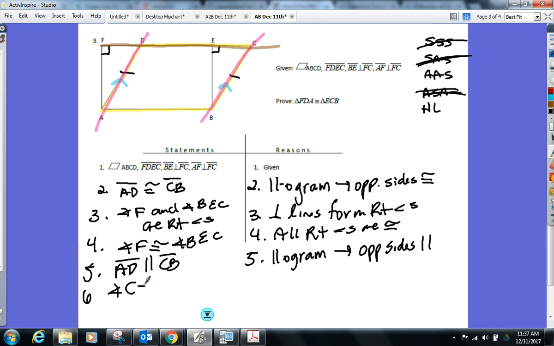Angle C congruent to angle ADF. Parallel lines imply corresponding angles congruent. And then that should give you, however you got C and ADF congruent, a third pair now. And then what's my reason going to be? HL or angle, angle, side? Okay, that shouldn't be that tough. Angle, angle, side.